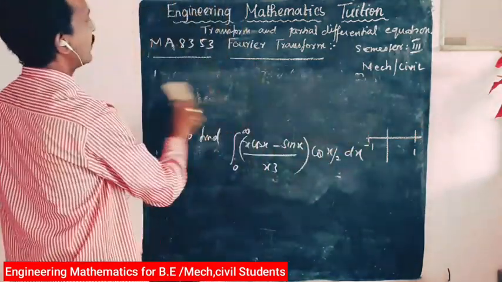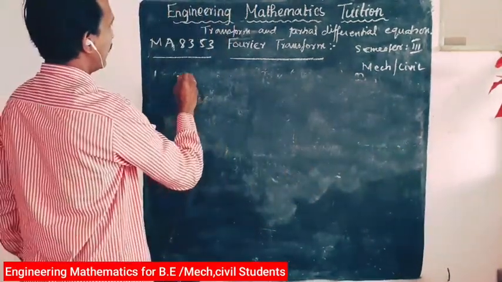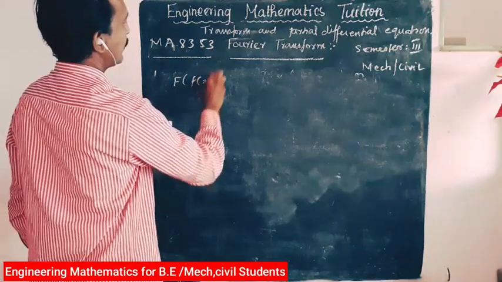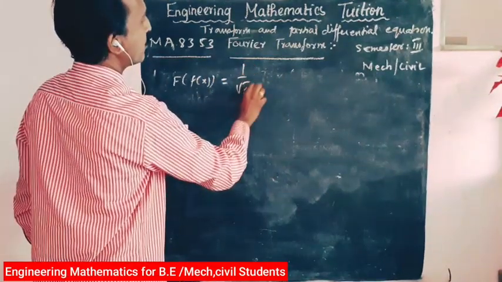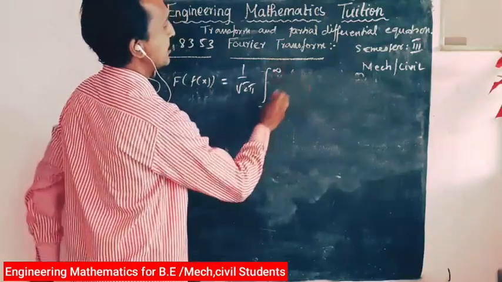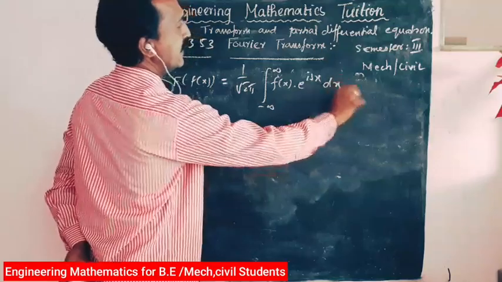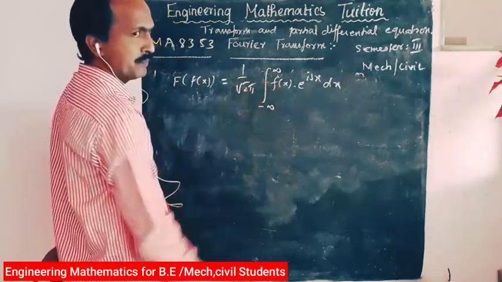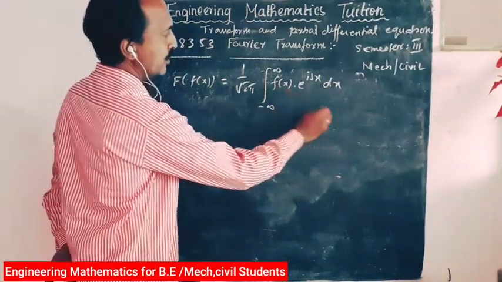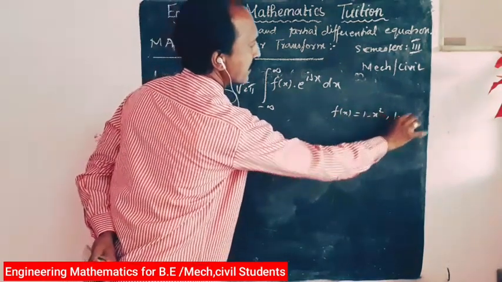The definition of the Fourier transform is F of s is equal to 1 by root of 2 pi integral of minus infinity to plus infinity f of x into e power isx dx. So in the given problem, f of x is equal to 1 minus x squared if mod x is less than 1.